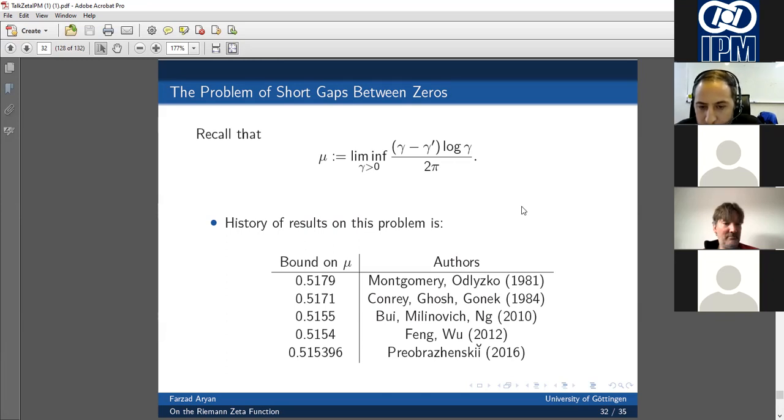One explanation, and it's my speculation, is that maybe the majority of zeros are more or less evenly spaced, but once in a while you get zeros whose gaps get close. That would explain why they evade all these methods. It means you have to do a little surgery, maybe remove the evenly spaced zeros, and then maybe you can prove the GUE prediction of Montgomery, but it's just another speculation.